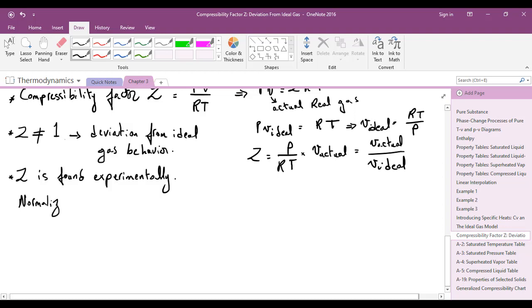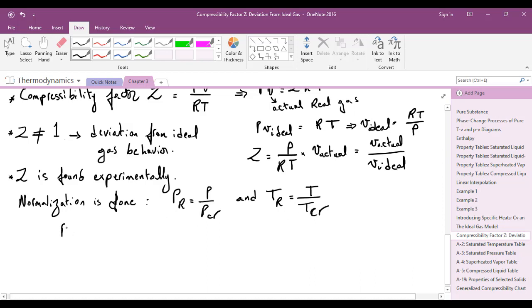We define two parameters: the reduced pressure, which is the ratio of the pressure over the critical pressure, and the reduced temperature, which is the ratio of the temperature over the critical temperature for a given substance.